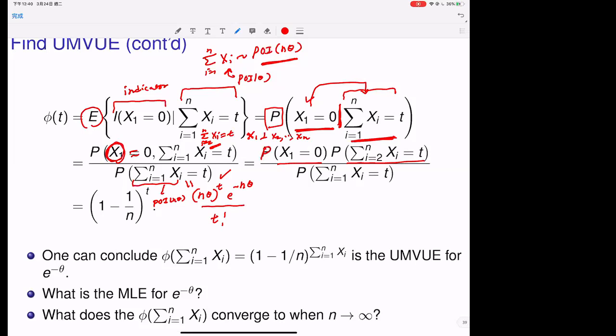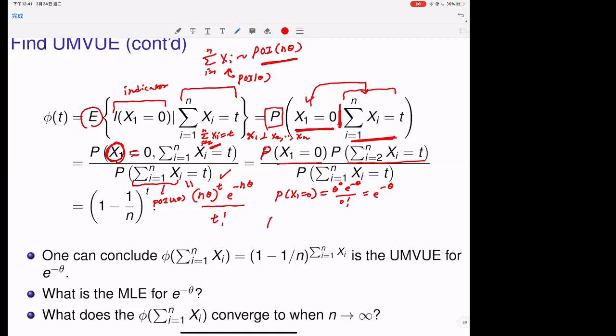Because of Poisson, I do know what the probability of x1 equals 0 is. Again, right here it's 0 factorial, lambda to the 0, e to the minus lambda. Actually, we know that already, it equals e to the minus theta.